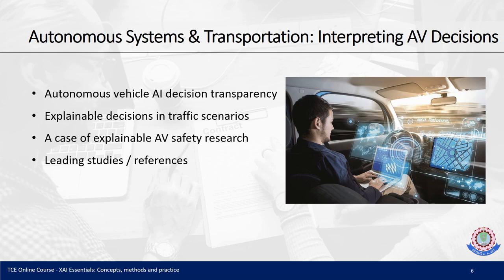In fact, there is ongoing research into explainable AI frameworks for end-to-end autonomous driving that provide detailed rationales for driving actions. Why I turned left, why I am not turning right, like that, everything will be given as an explanation by our system, enhancing trust and safety while aiding regulatory compliance.